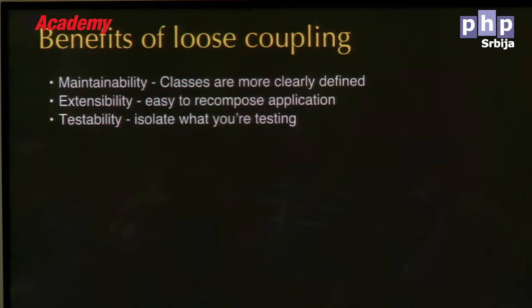It's quite simple to do this. And we can test things more easily. So if you are into unit testing and test-driven development, you'll discover that you can test things in isolation if they are loosely coupled. This is quite beneficial. It gives you more security in the ability of your software to do what you think it does.